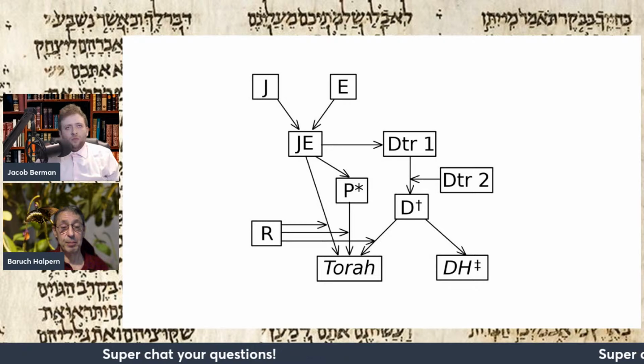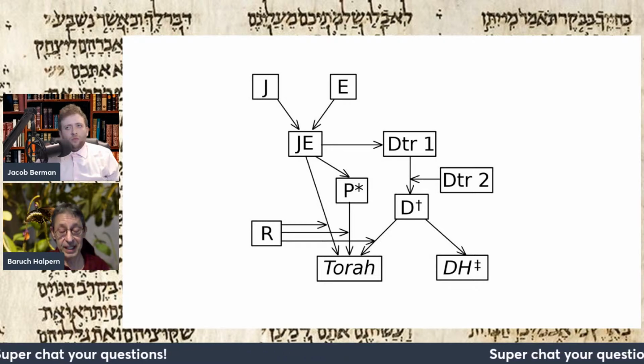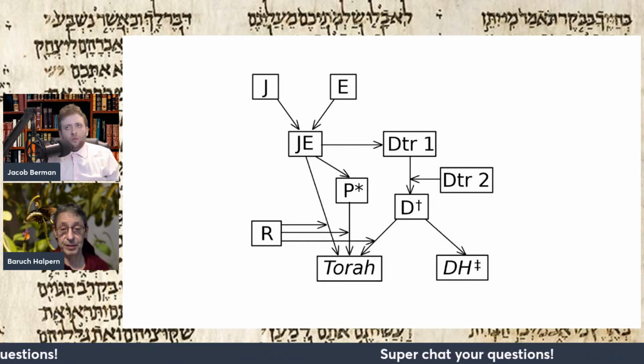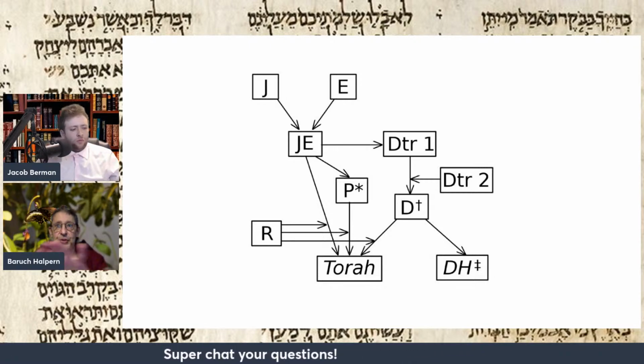It's a complicated model, but actually it's the most economical model that scholars have come up with to explain the nature of this literature.